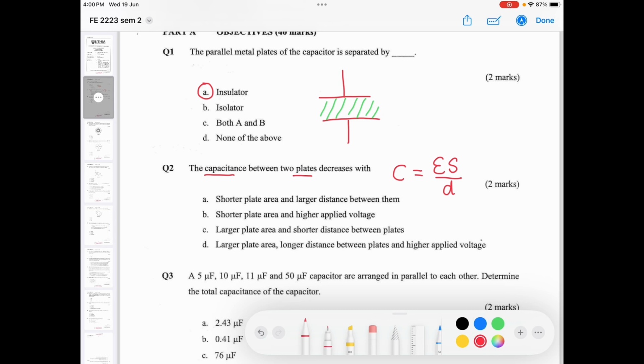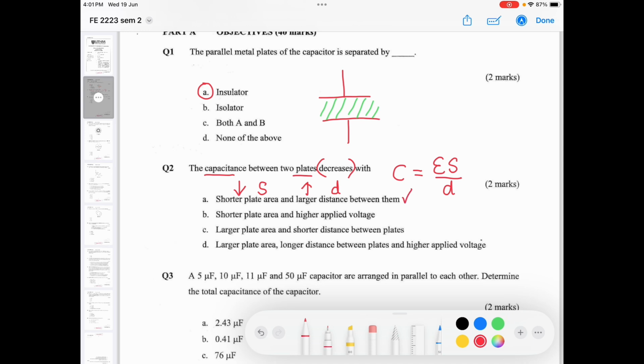The shorter plate area, plate area is the S, means smaller, and larger distance between them, D increases. So the capacitance between two parallel plates decreases. Decrease means becomes smaller. So smaller is when the S decreases and the D increases. Yes, this is correct.